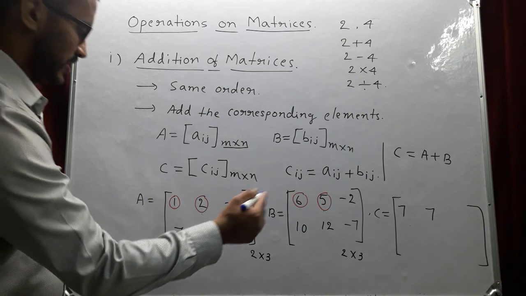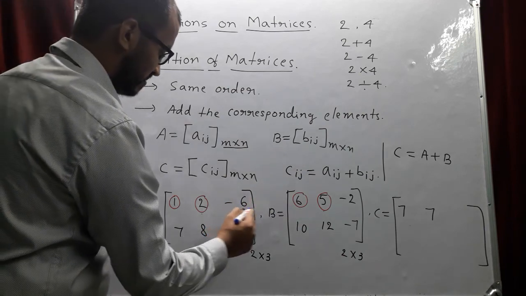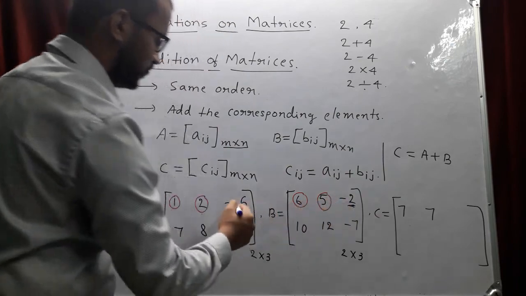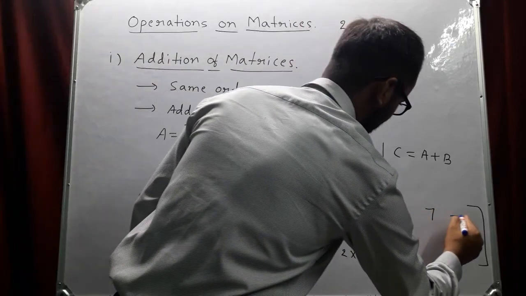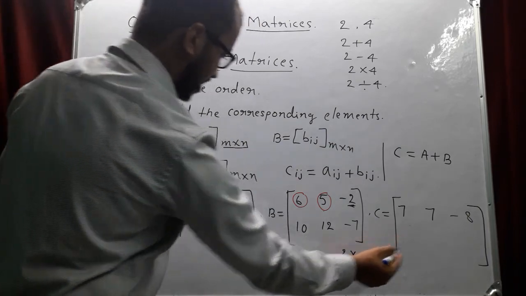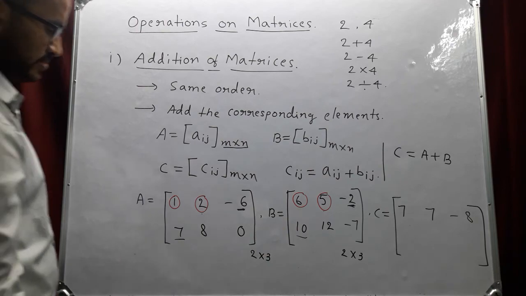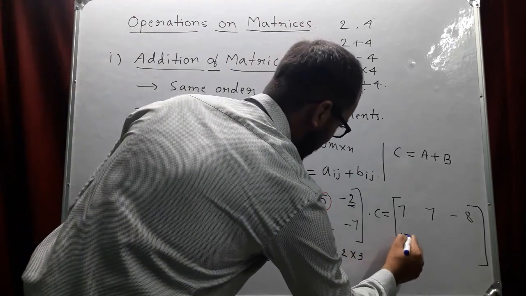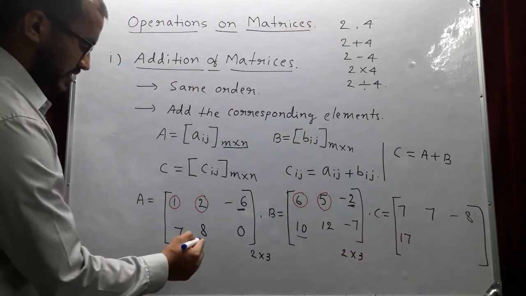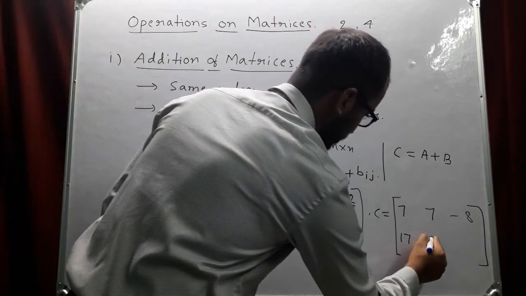So next element, add the next two elements, that is minus 6 and minus 2. So we get minus 8. Similarly, this element is obtained by adding 7 and 10, 17. Next element, that is 8 plus 12, 20.